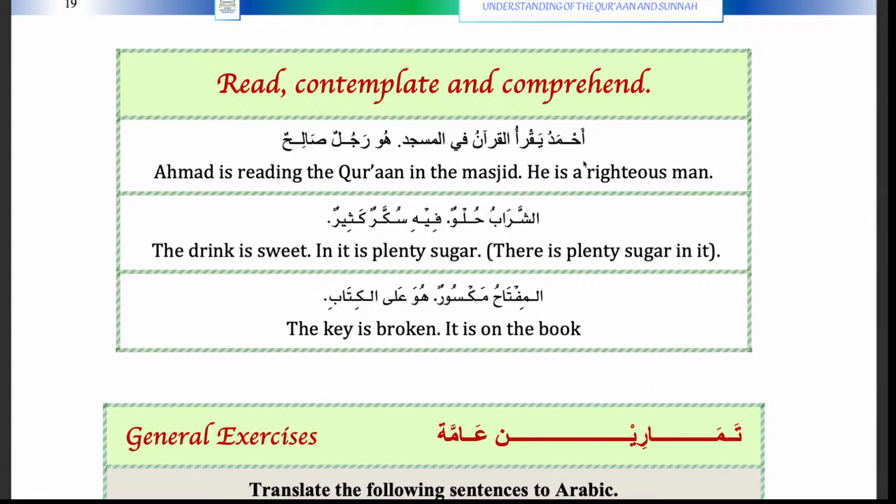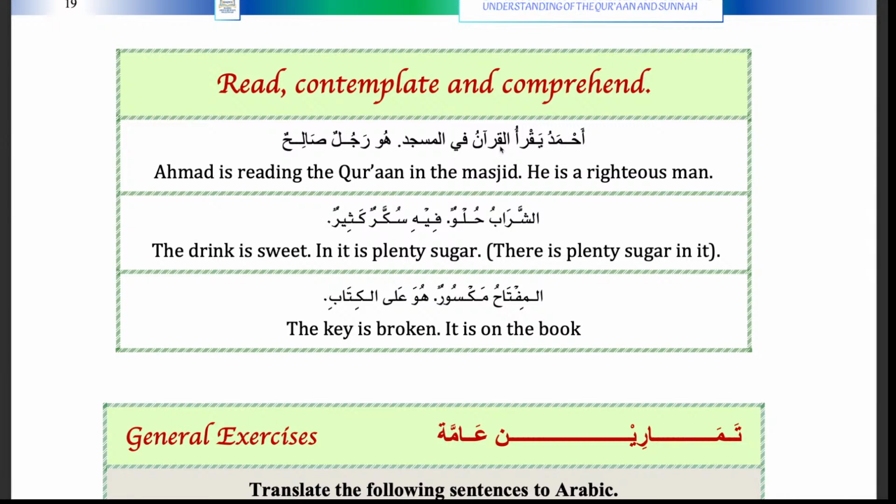So we had read, contemplate, and comprehend. Right? Ahmad yaqra'u al-Qur'ana fil masjid. Ahmadu yaqra'u al-Qur'an fil masjid. Now here we have a typo. Anybody? What's the mistake?